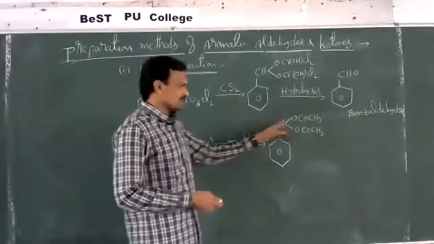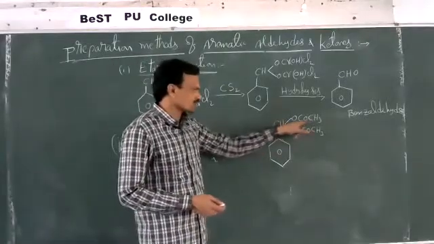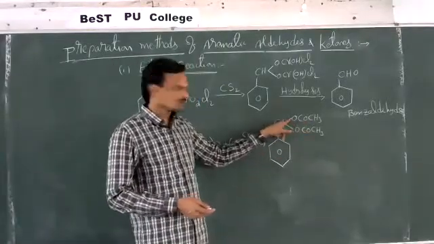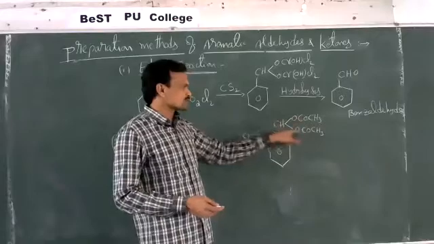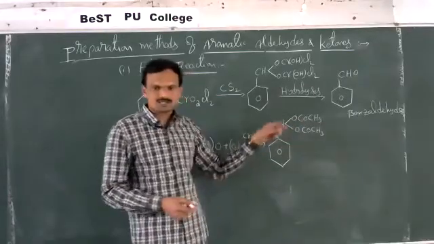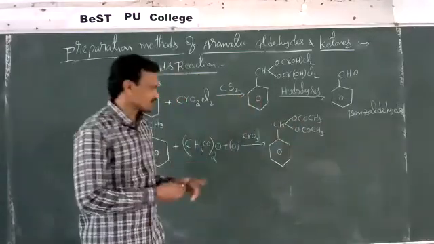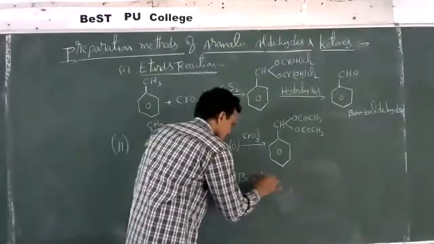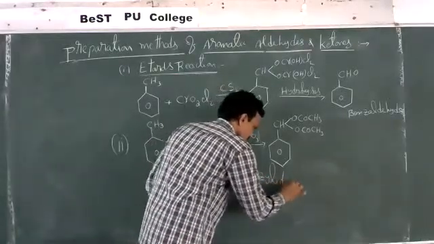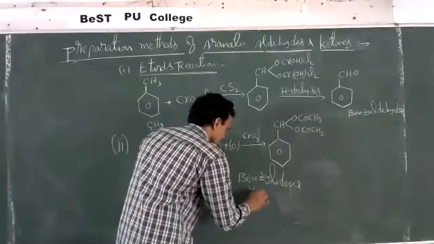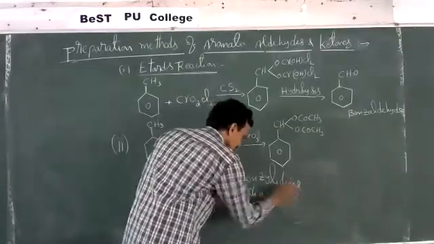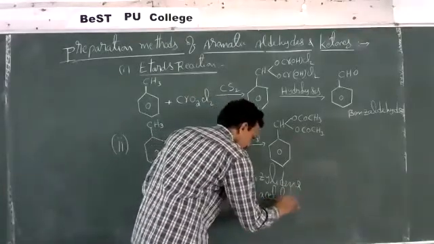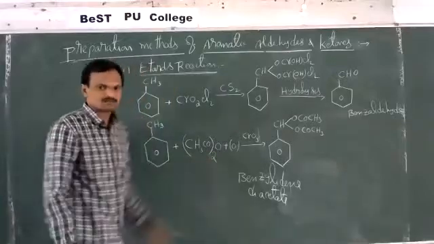A geminal diacetate will be formed. CH3COO is acetate. Two acetate groups are present on the same carbon. So this is a geminal diacetate, named benzylidene diacetate, or simply benzylidene acetate.